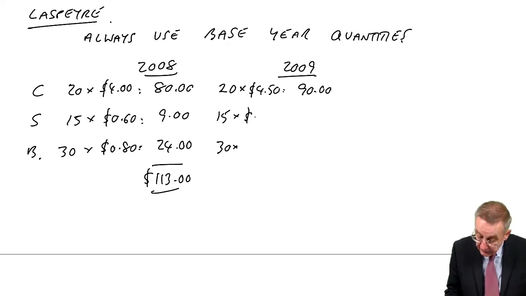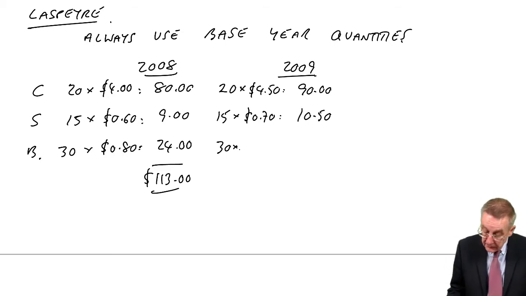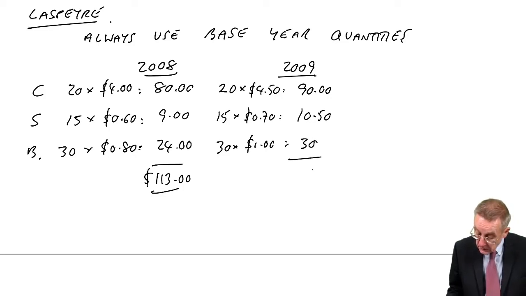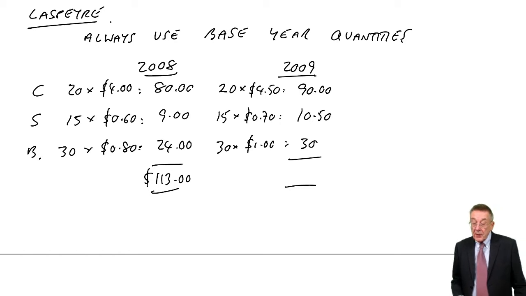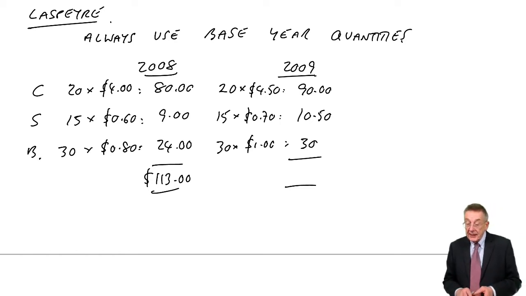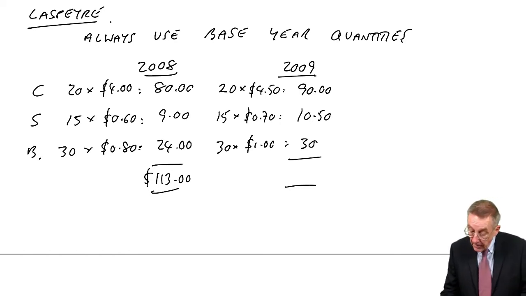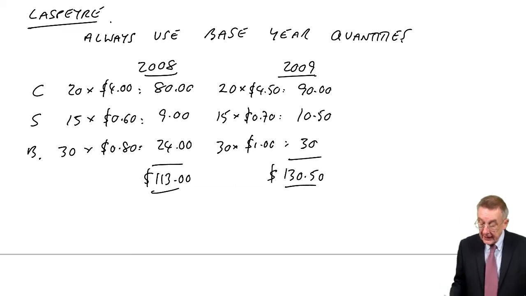Sugar was 70 cents, $10.50. And bread had gone up to $1. And so the price of that same shopping basket had gone up to $130.50.